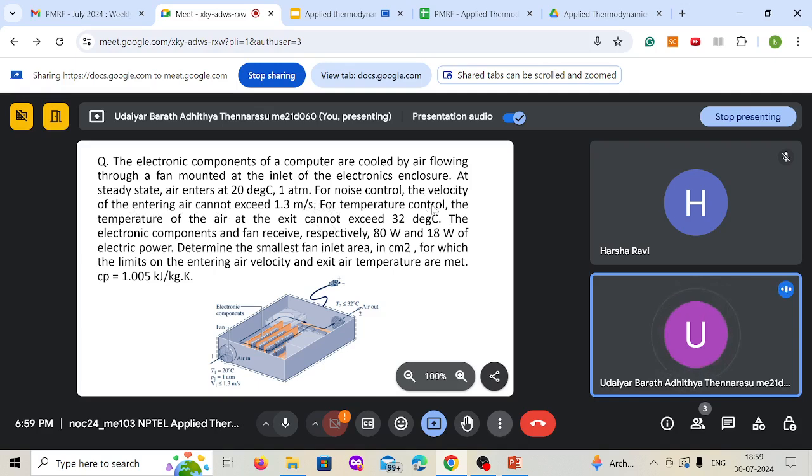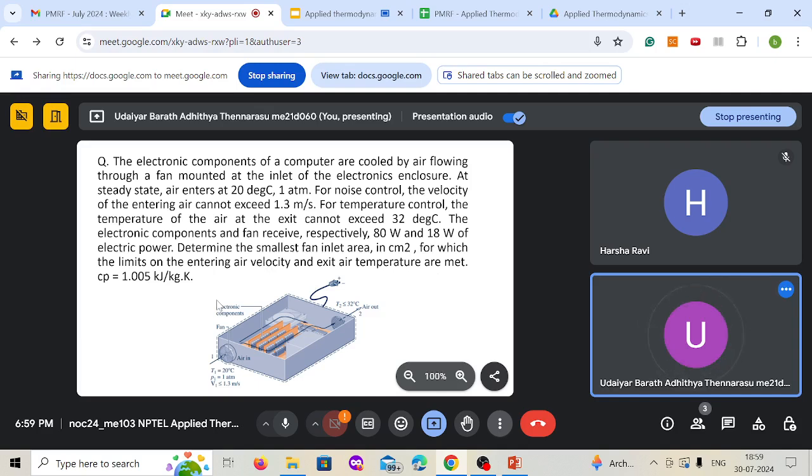For temperature control, the temperature of the air at the exit cannot exceed 32 degrees Celsius. The electronic components and fan receive 80 watts and 18 watts of electric power respectively. Determine the smallest fan inlet area in square centimeters for which the limits on the entering air velocity and exit air temperature are met.